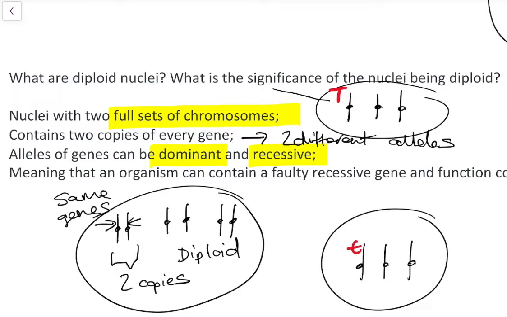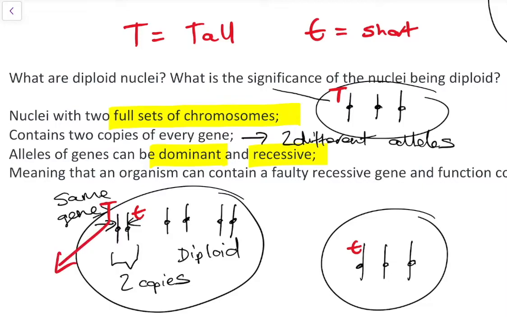If it was in pea plants, big T would give tall plants, and small t would give short plants. So when they come together, we could have 2 different copies of the gene, two different alleles, so big T, small t. In the case of a pea plant, because big T is dominant, this would be a tall pea plant.